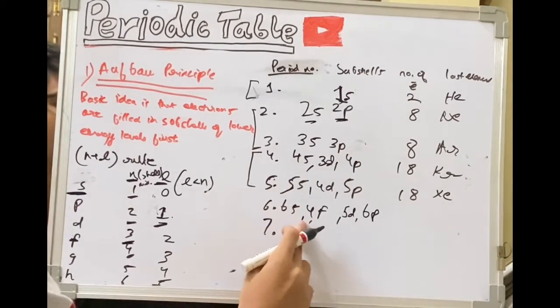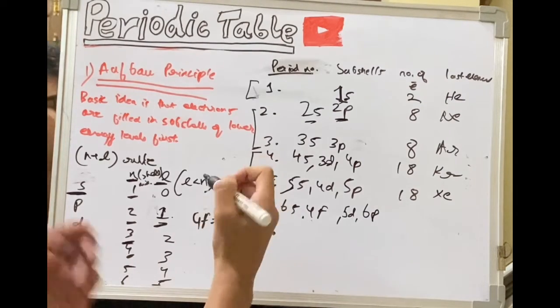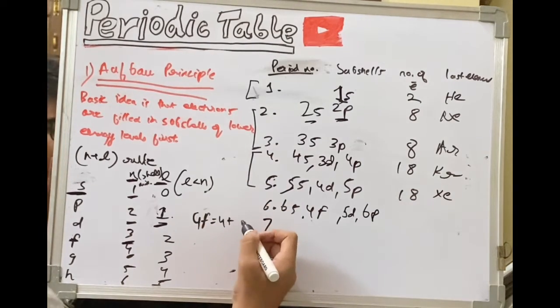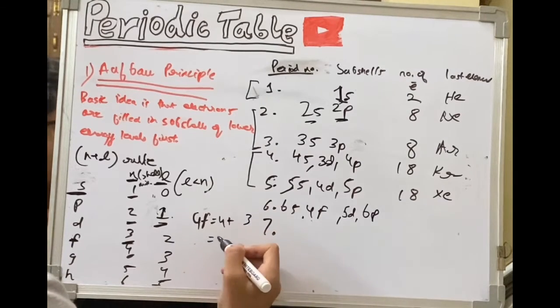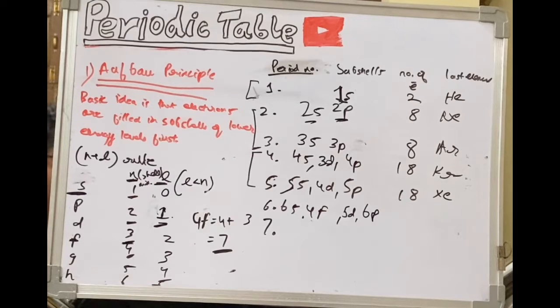Now if you want, you can compare these also. 4f will be equal to 4 plus 3, it is 7, and 5d will also be equal to 7, but as we discussed earlier, because of the n plus l rule, if the value is coming the same, you take the one which has the lesser n.